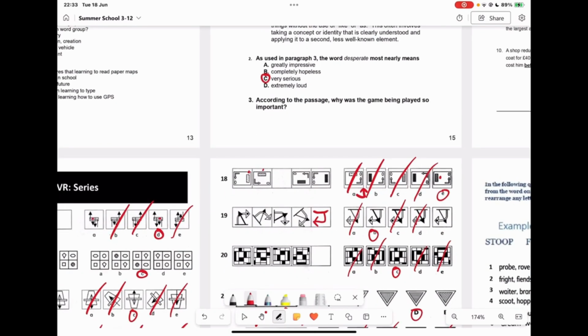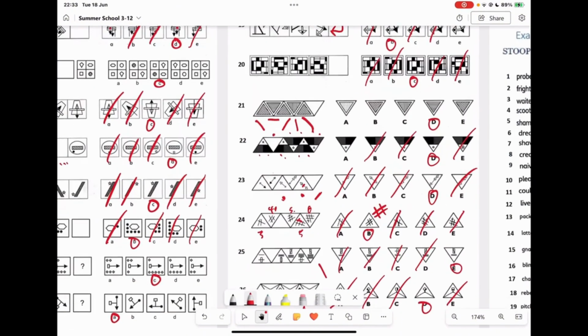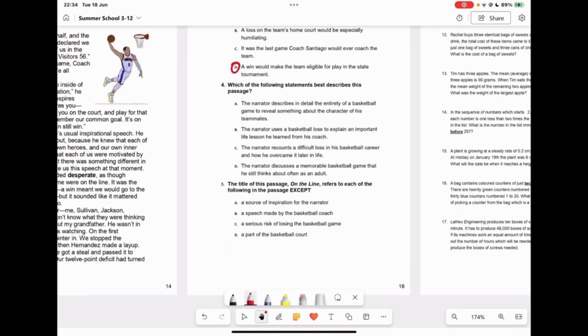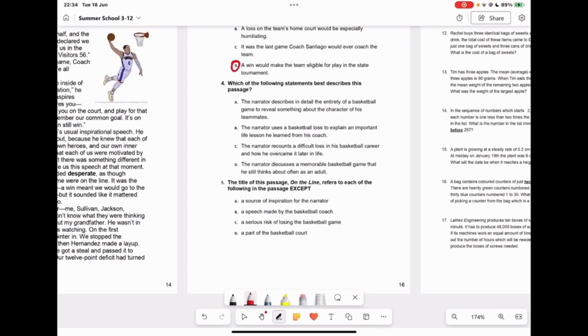According to the passage, why was the game being played so important? So the answer to this will be a win would make the team eligible to play in the state tournament in Atlanta. Question 4. Which of the following statements best describes this passage?